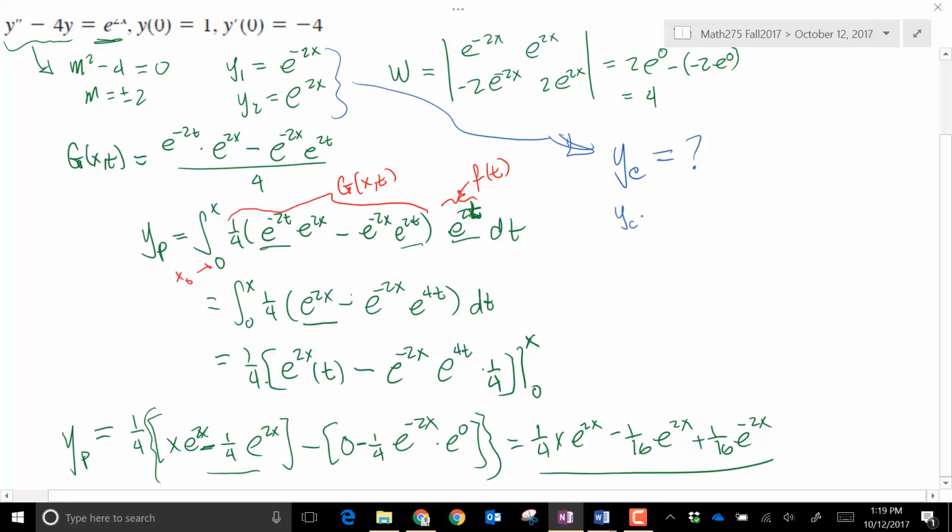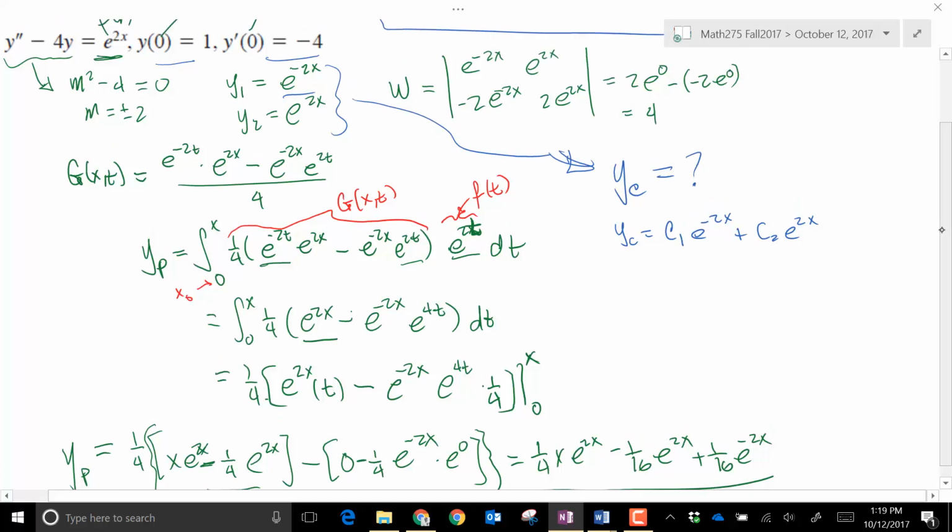So y sub c is equal to c1 y sub 1, e to the negative 2x, plus c2 y sub 2, which is e to the positive 2x. And here we get to use our initial conditions to solve for the arbitrary constants. So we need the derivative, which is negative 2c1 e to the negative 2x plus positive 2c2 e to the 2x.